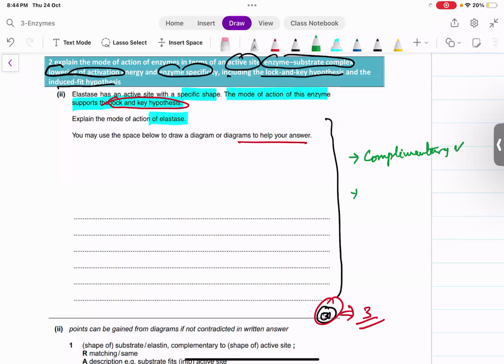So would the substrate fit into the active site? Yes, it would fit into the active site, and this would make an enzyme substrate complex. And what would happen if an enzyme substrate complex is formed? You see, activation energy is lowered, and then this would convert the substrate into the product. Okay, so these may be the things, right?